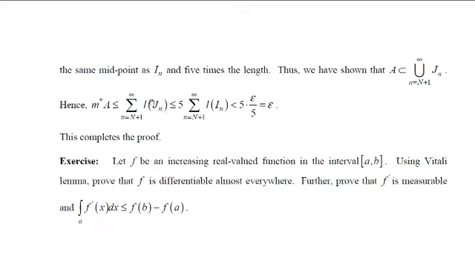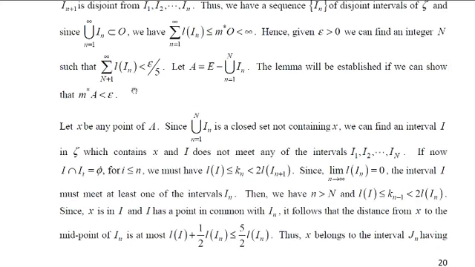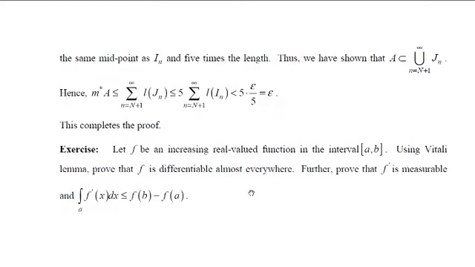And since the length of Jn is 5 times the length of In, and we knew that the summation from N plus 1 to infinity of the length of In is less than epsilon by 5, if you replace it, we get epsilon. So we have proved m star of A is less than epsilon, where A is E minus the union of In from 1 to capital N. And this completes the proof.